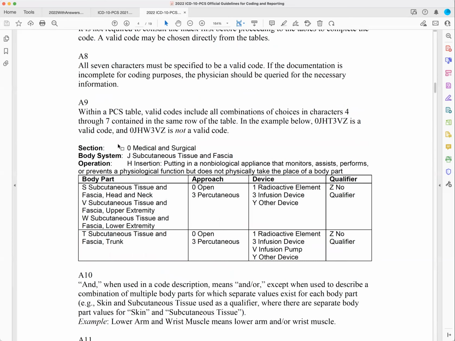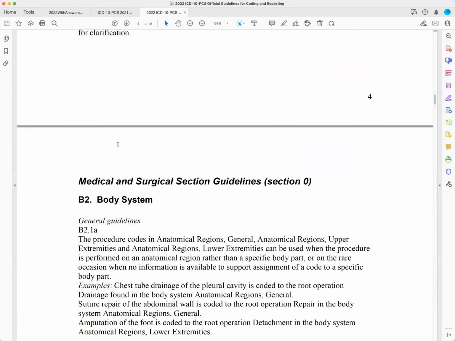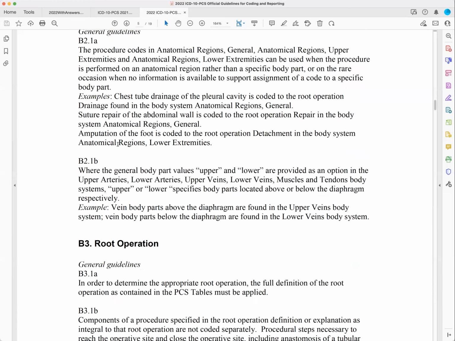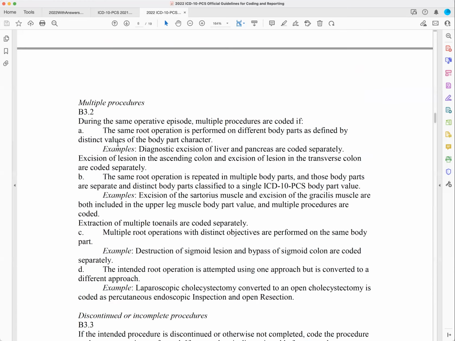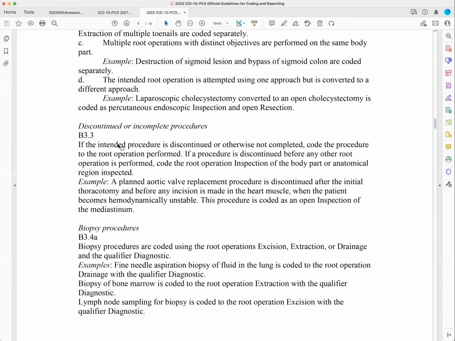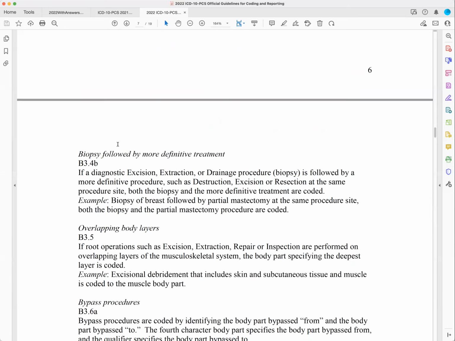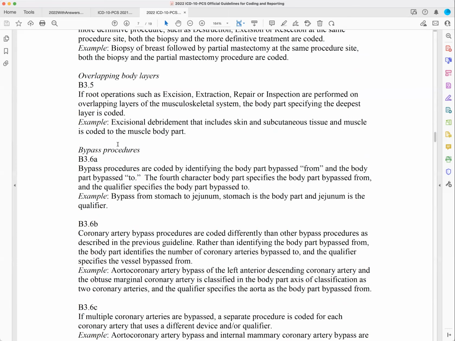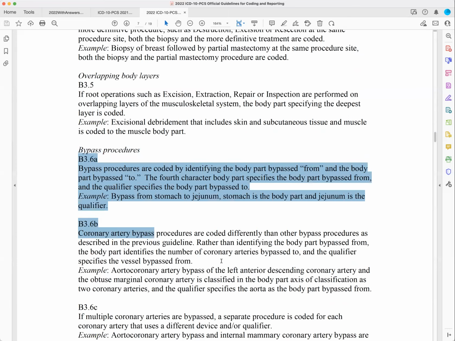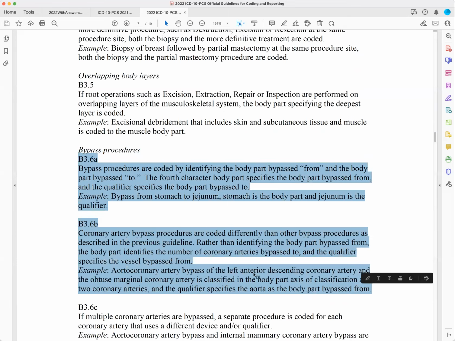And what I mean by that is, say you're coding something in the medical surgical section and it's a bypass procedure. Well, if it's a bypass procedure, then you want to stop and come over here and take a look-see at these bypass guidelines and make sure that you're following the guidelines. So that's what I mean by know what's in here and know when you need to come back and refer to these guidelines in your coding process.